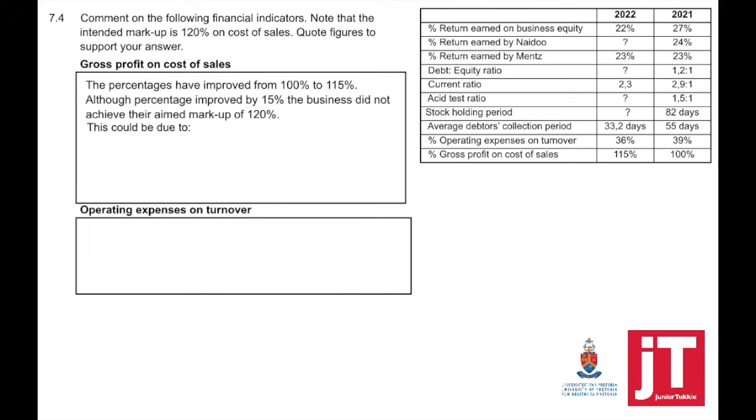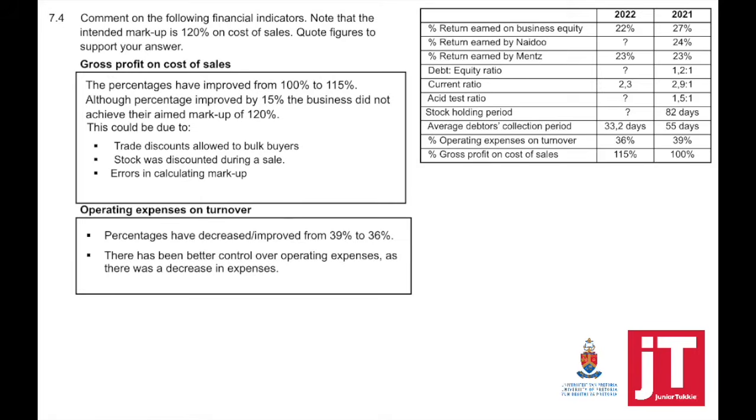This could be due to trade discounts allowed to bulk buyers, stock being discounted during a sale, or errors in calculating the markup. If we're looking at the operating expenses on turnover, the percentage decreased, or improved, from 39% to 36% in 2022.